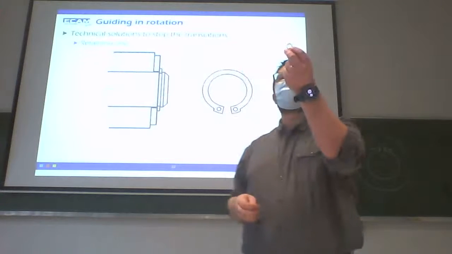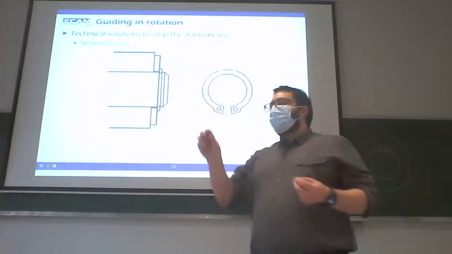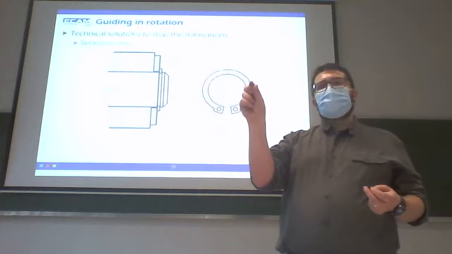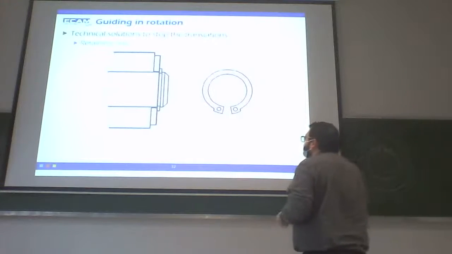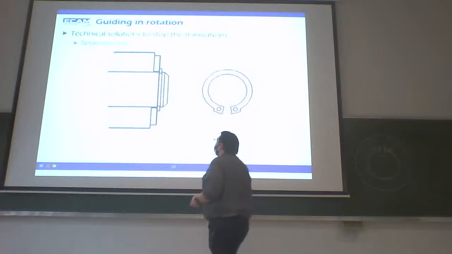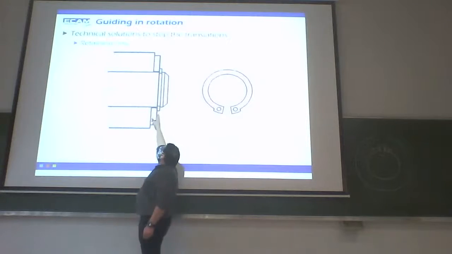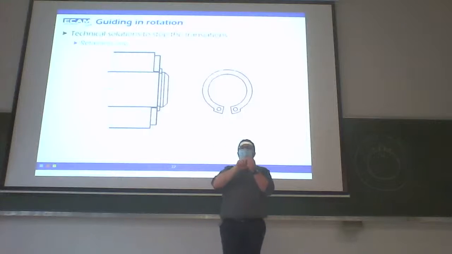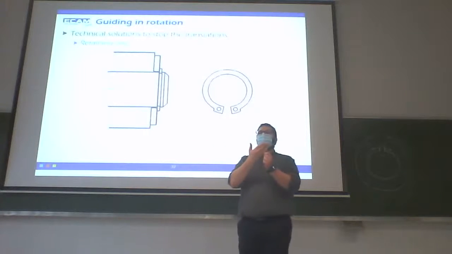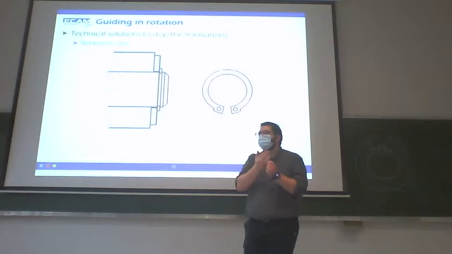There are different sizes of external or internal retaining rings. So we put the ring inside of a small groove, and the flat surface of the ring will stop the translation by direct contact.